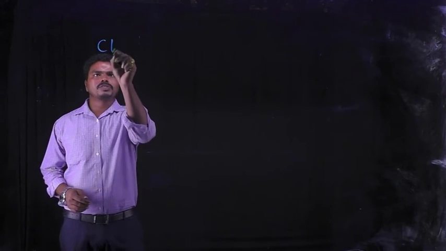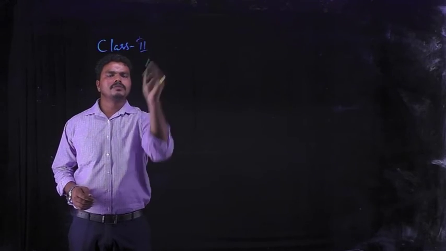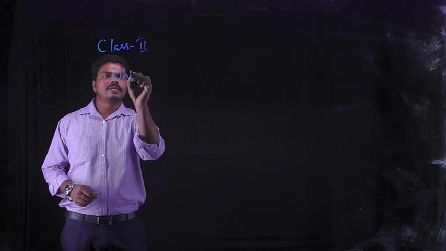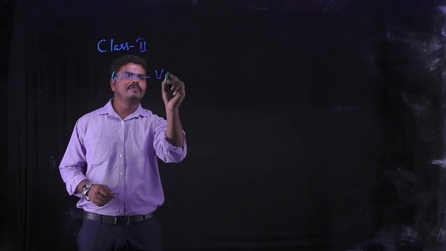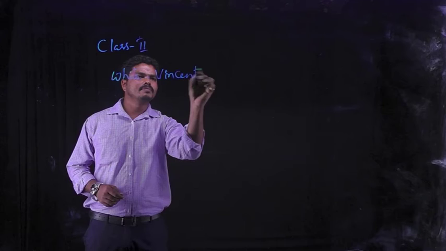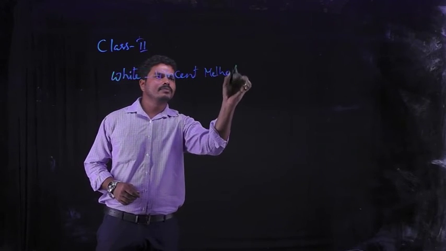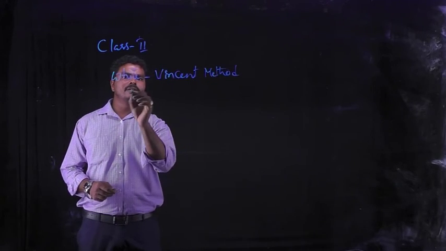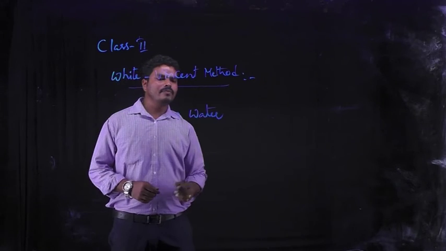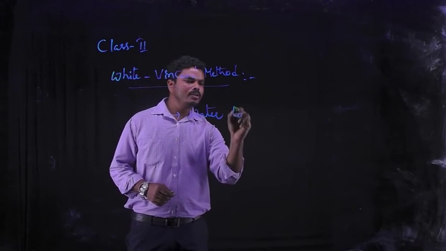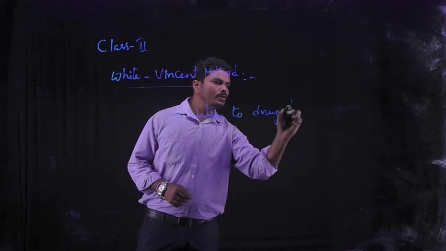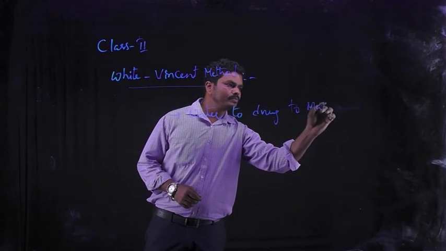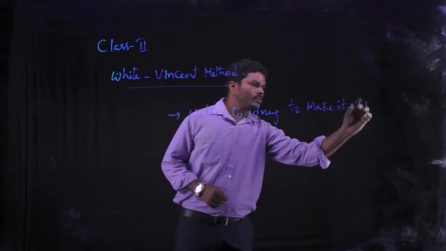In case of class 2 methods, the first one is the White-Vincent method. In this method, first we add water to the drug solution to make it isotonic.